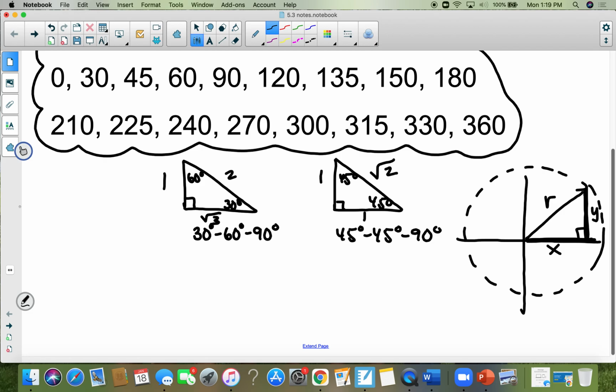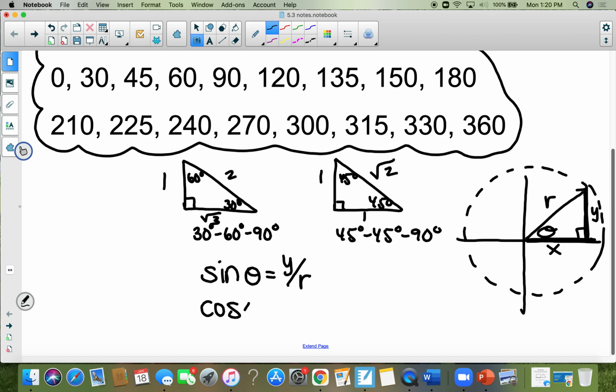So basically, the sine of theta, and this is theta right in here, is the side opposite over the hypotenuse, which is y over r. These are the new formulas that you would use in the trig way.